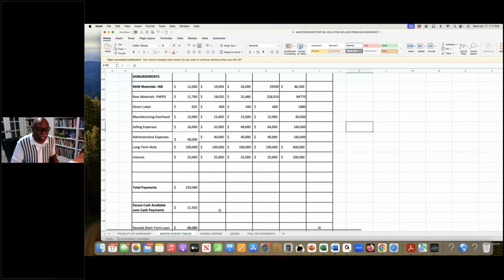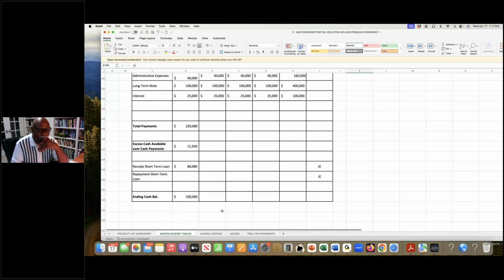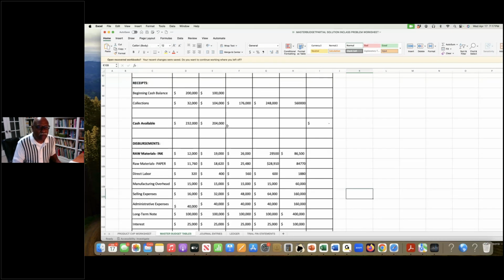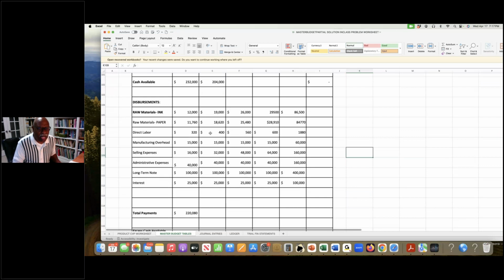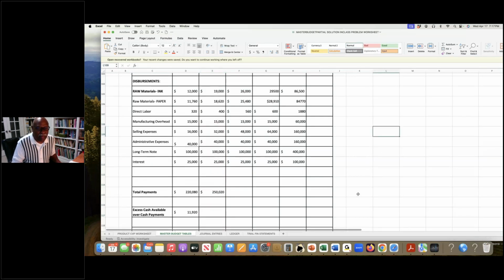Okay, so in the first quarter, we had excess of 11,920, and we borrowed 880, so that we'd be at 100,000. So in the second quarter, we had 204 available. When we auto sum all of these, we get payments of 250,020, and we're at 250,020.